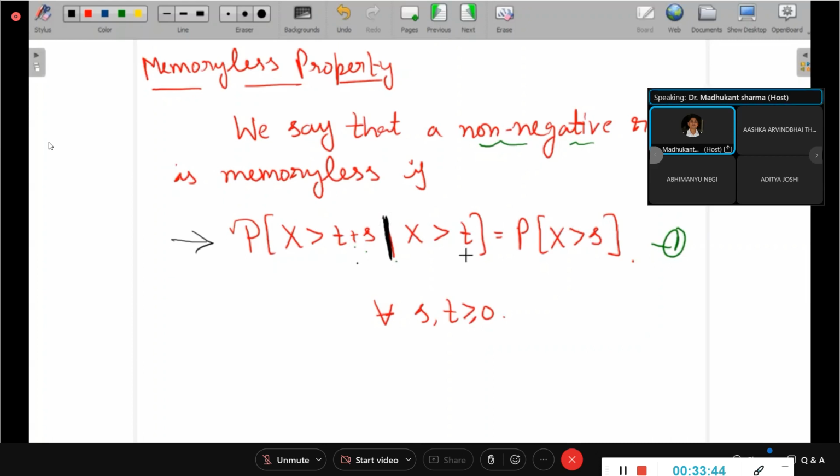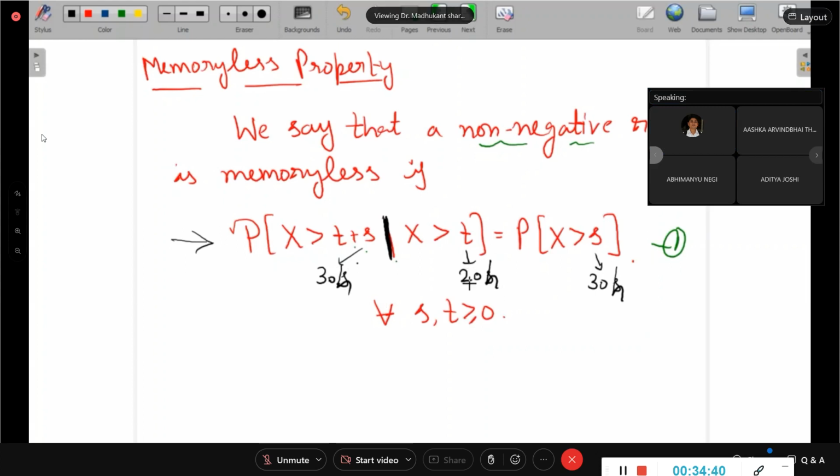Suppose I mention an example: let's say t is 20 hours, s is 30 hours. So after 20 hours, you see that the bulb is still working.